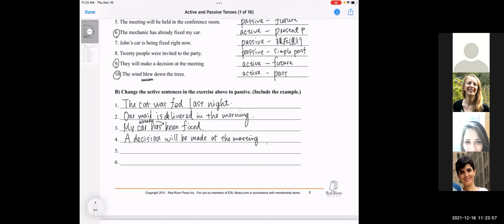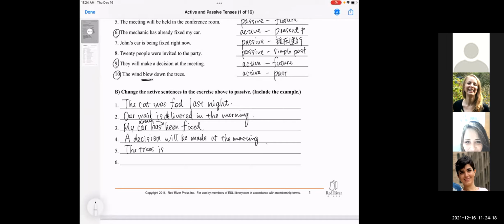Number 10. The wind blew down the trees. The trees was blown down. I think were.